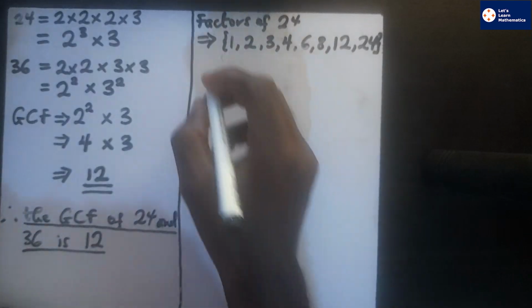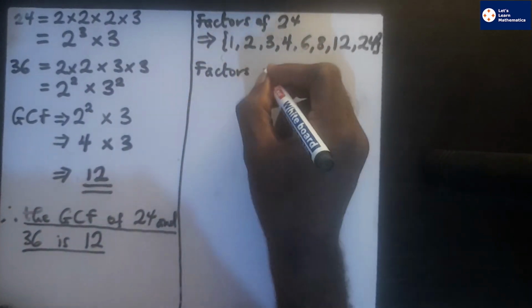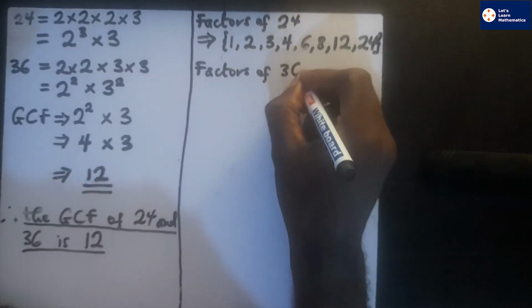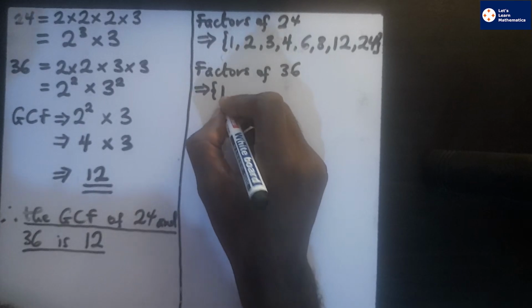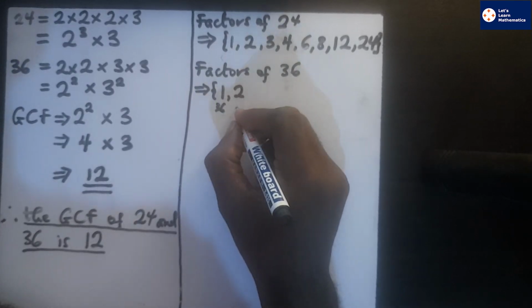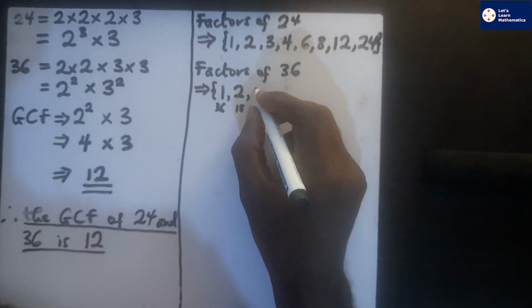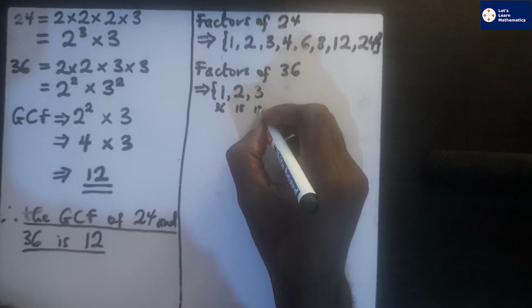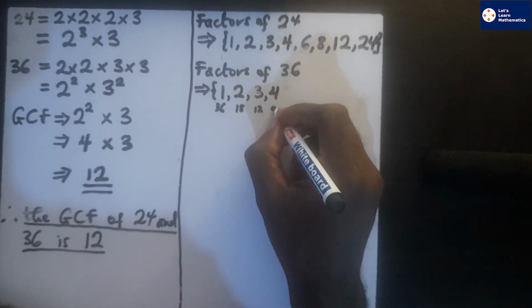Then you look at the factors of 36. The first one is 1 times 36. The next one is 2 times 18, which gives us 36. The next one is 3 times 12. Then we have 4 times 9.